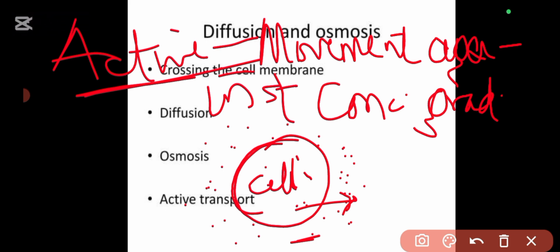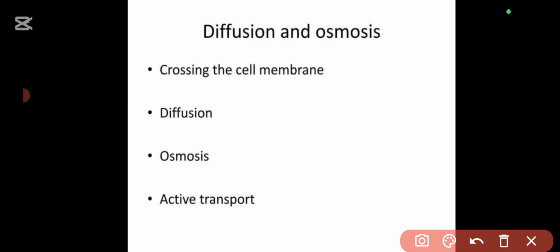Substances are more outside the cell already, yet substances are moving from inside the cell to outside the cell. That is active transport. Substances are moving against concentration gradients. When substances are much somewhere, they are supposed to normally move down to where they are less, right? But active transport is the movement against this. Now, let me first explain the second one so that you will understand it clearly.